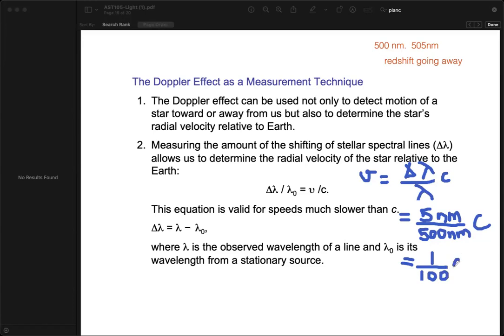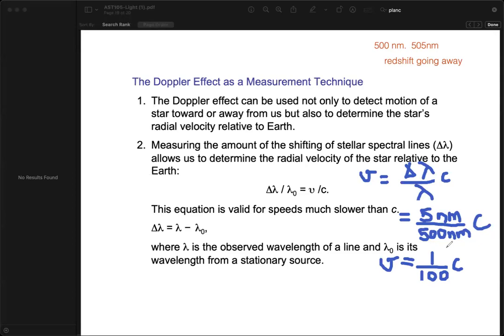And in this case, we don't actually need to plug in the value of c, which is 3 times 10 to the 8 meters per second, because many times it's more convenient to talk in terms of what fraction of a speed of light is a certain velocity. So here we can say that this star is moving away from us at 100th the speed of light.